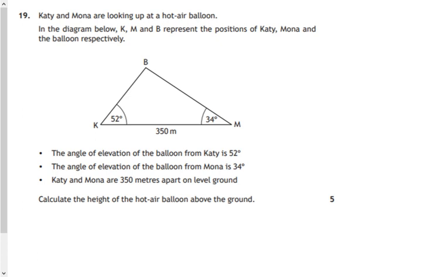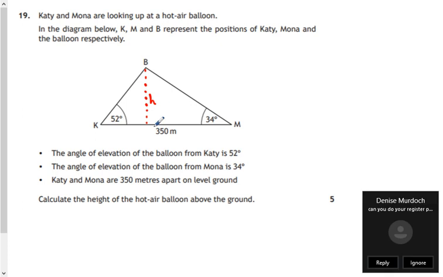Okay, so this is actually a multi-stage question, and it's the 5 marks last question on the paper. What we want is the height here. Now, in order to calculate that, what we're going to need to know is one of these two sides here. We either need KB or we need BM. Now, we actually have two of the angles, and we want an opposite side.